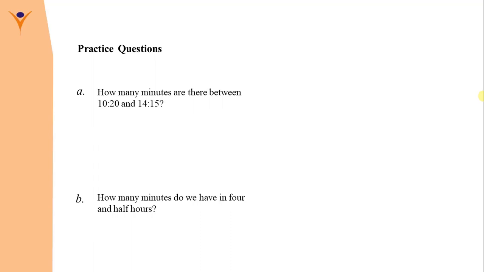All right, welcome back. So how well did you do? If you did your work correctly, let's look at it together. Let's see how many minutes there are between 10:20 and 14:15. If you're familiar with the 24-hour digital clock, then you would have known that in an hour we have 60 minutes. Therefore, from 10:20 to 11:20, that is 60 minutes. From 11:20 to 12:20, that is 120 minutes.